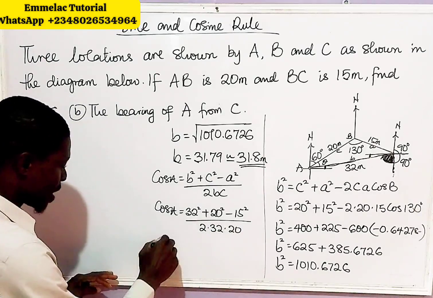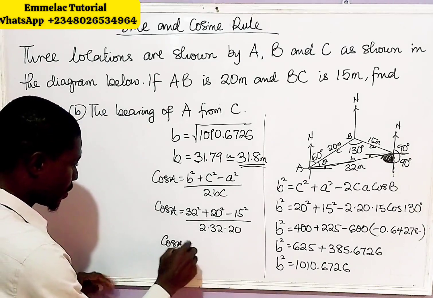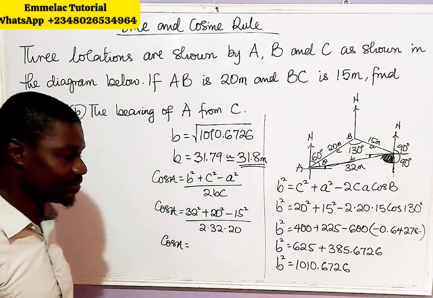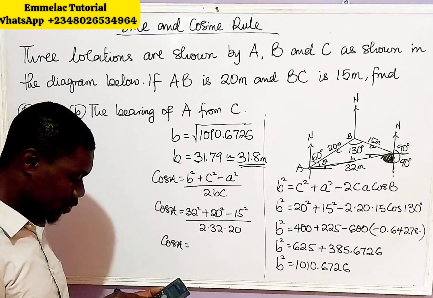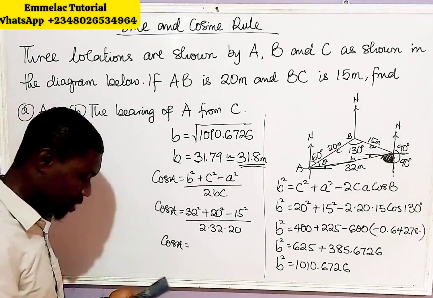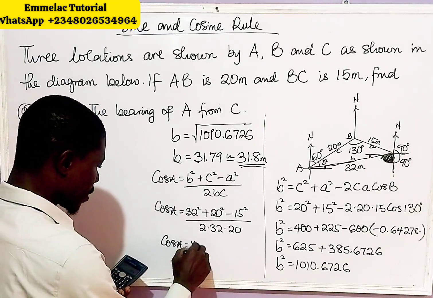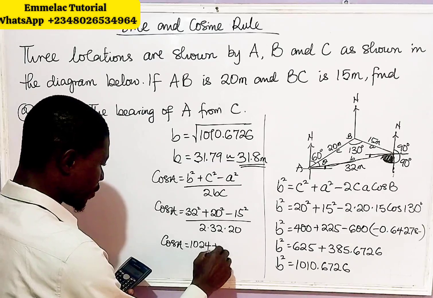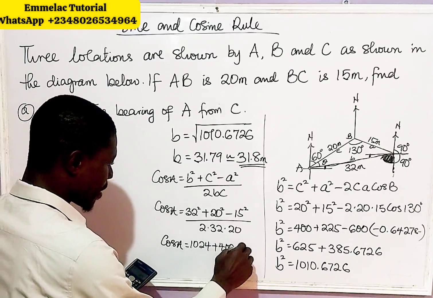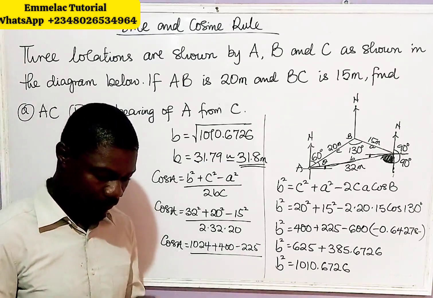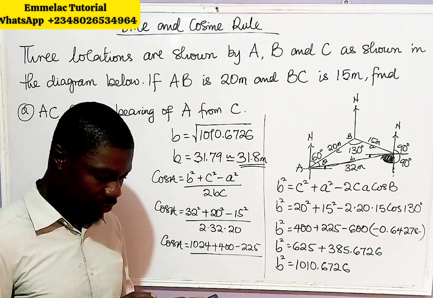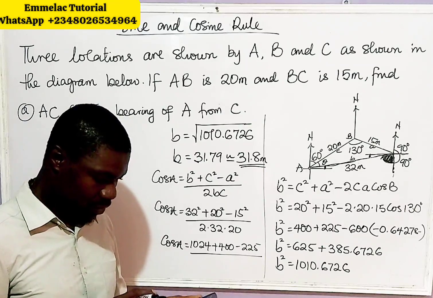Alright, computing here, 32 squared will give us 1024, then plus 400 minus 225, all over 2 times 32 times 20.